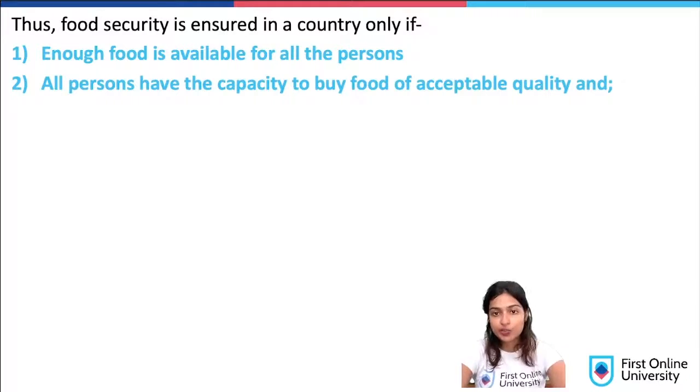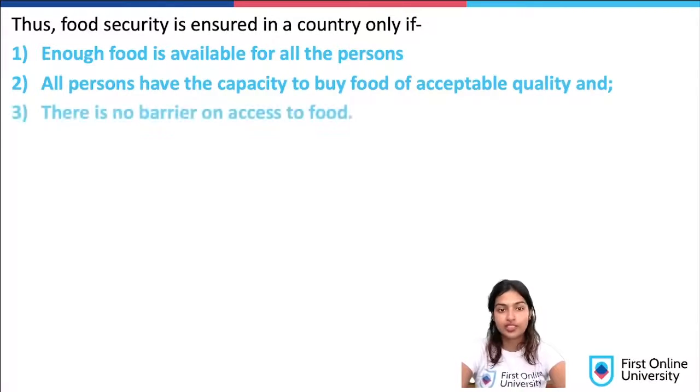People are ultimately human resources, and hence we need to protect this resource. So we are not supposed to give out bad quality, infected or adulterated food. Whatever food is given to people should be of good quality, and there is absolutely no barrier to people accessing food. They can easily go and get their food.